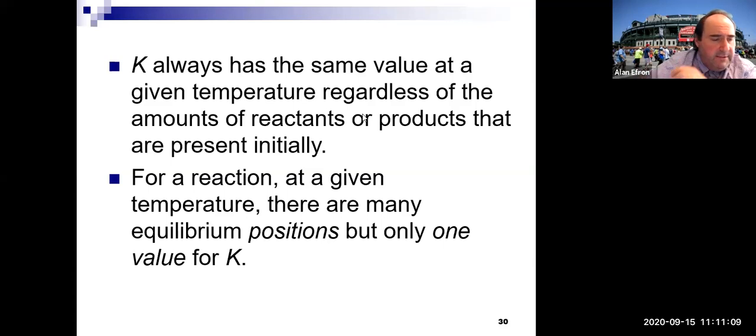And a couple other things just to finish up here for today. The K value has the same value regardless of how much reactants or products you start with. As I was talking about earlier, as long as you keep the temperature the same, you could throw in different amounts of reactants and products, and every single time when that system reaches equilibrium, that state where the rate of the forward reaction equals the rate of the reverse reaction, you will get that constant proportion of products divided by reactants.